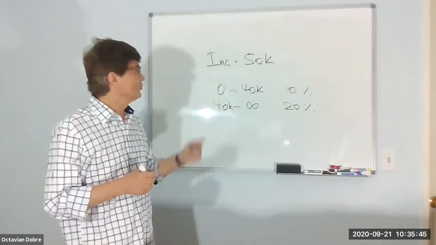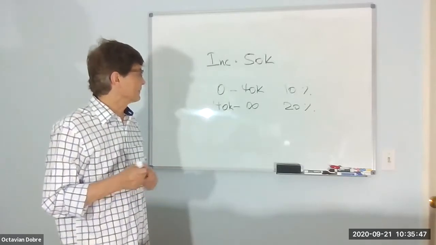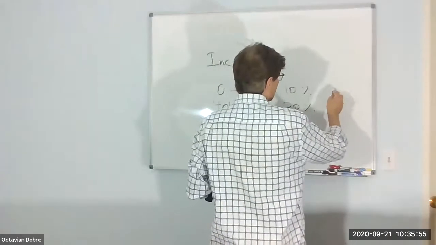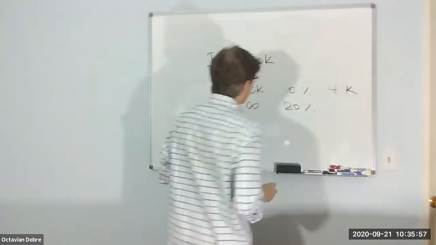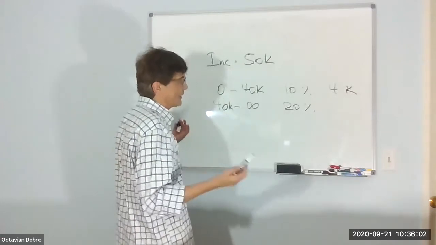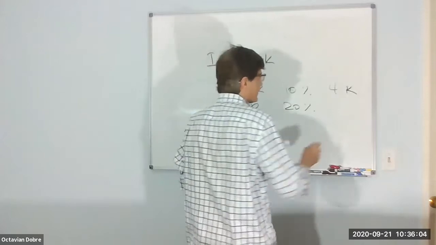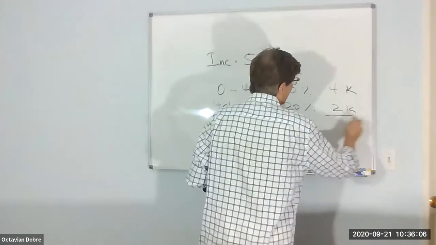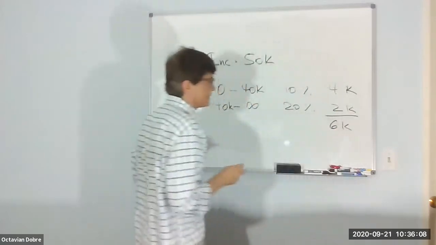How much do they owe in taxes? 6,000. 6,000, exactly. Because they owe $4,000 on the first 40,000. And then they have to pay taxes going from 40 to 50. So on $10,000, 20% of $10,000 is $2K.